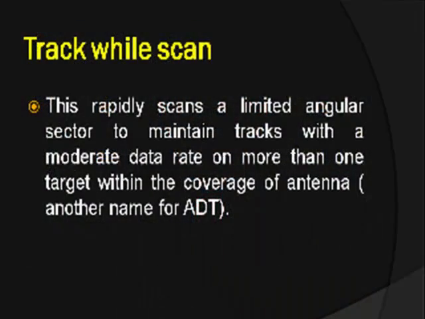Here several targets can be tracked simultaneously as though we are tracking them individually, and the accuracy of tracking is very high. But the disadvantage we get is that the cost of the total system will be extremely high.